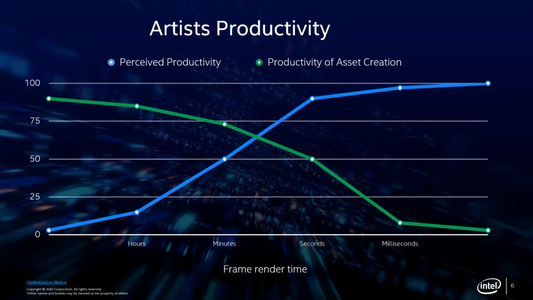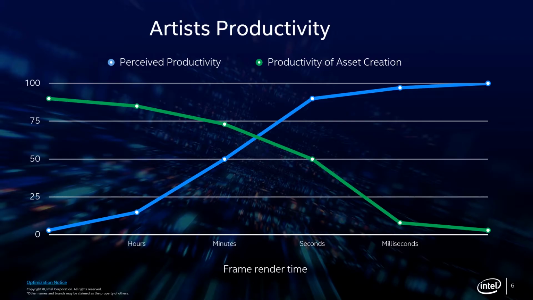Our problem set is not to create the fastest possible render, it is to maximize artist productivity. This graph illustrates the productivity of an artist with a given set of tools. On the horizontal axis is the time it takes for some hypothetical rendering technology to produce a final frame, starting from hours down to the millisecond.